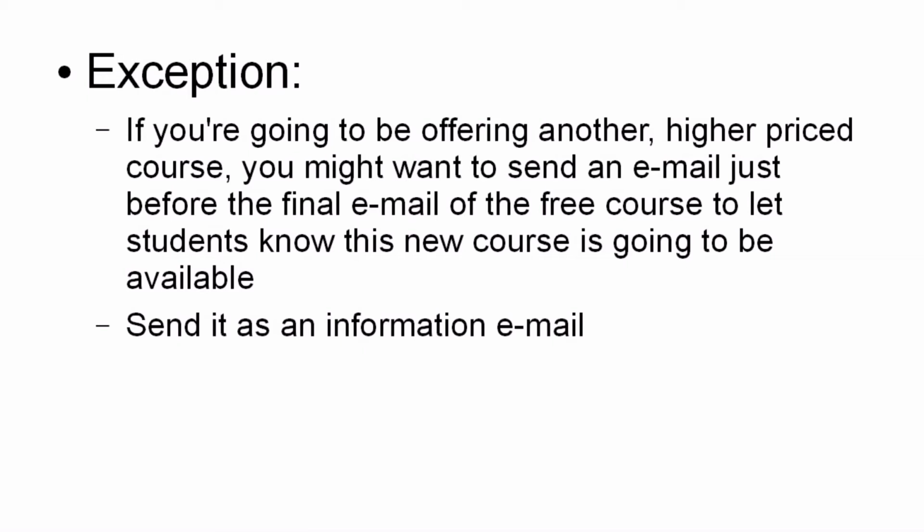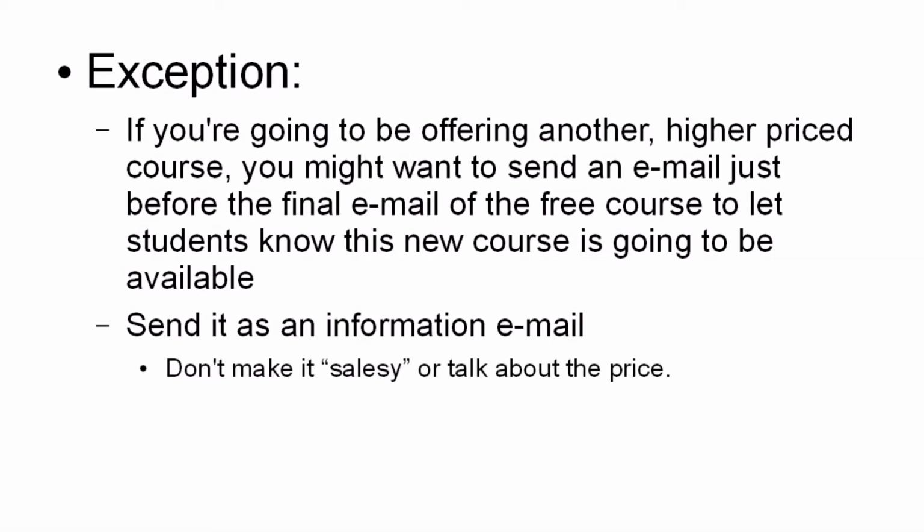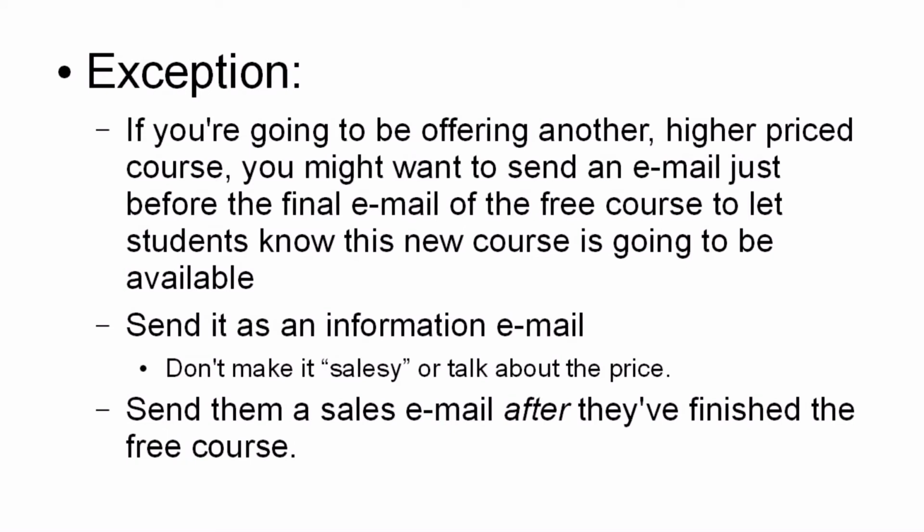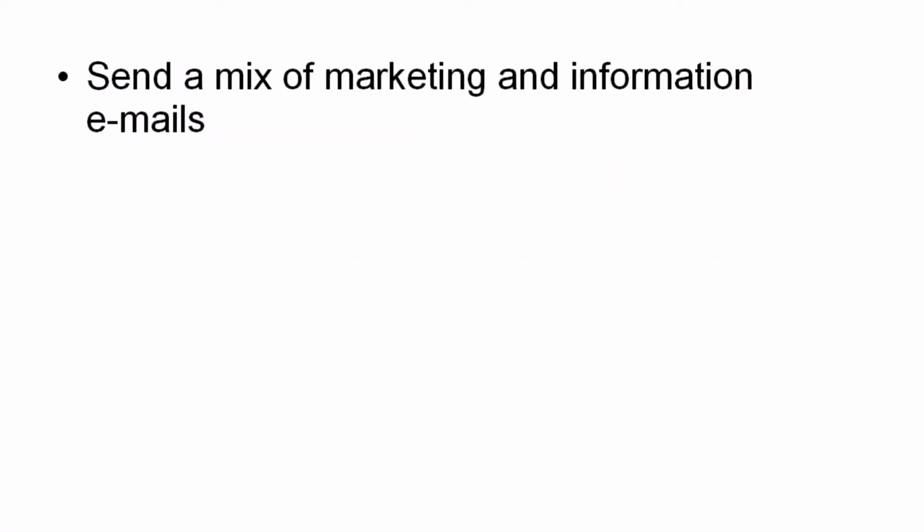You want to send it as an information email. In other words, you don't want to make it too salesy and you don't want to talk about the price. You just want to send it so that people know this new course is going to be available after you've finished the free one. And then after they've finished the free course, then you want to send them the sales email so that they can sign up for the paid for course.